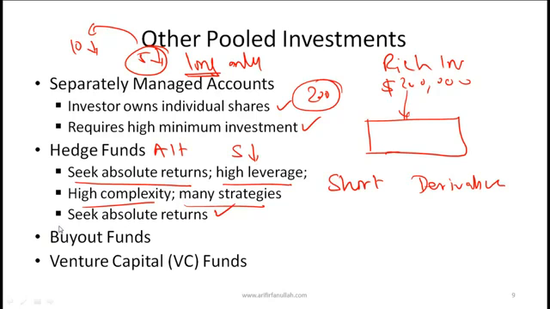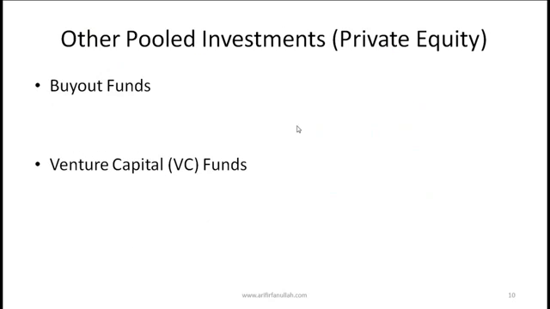Then finally we have buyout funds and VC funds. So let's talk about these on the next slide. Collectively these are referred to as private equity. A buyout fund simply is as follows, and a good example of a buyout fund in our part of the world is Abraj Capital. So what do these guys do?